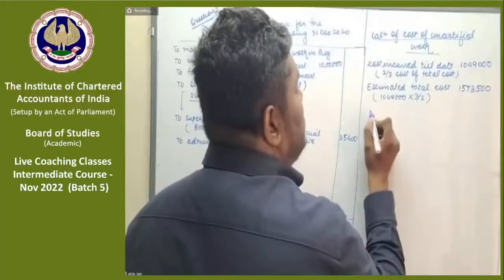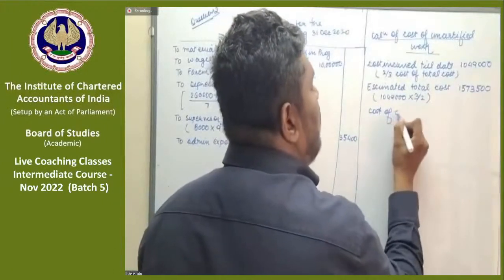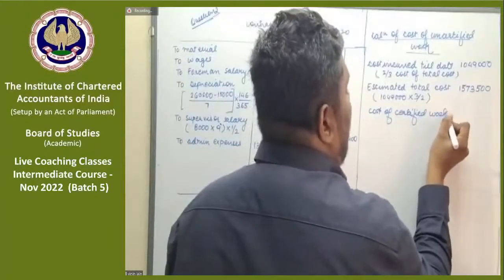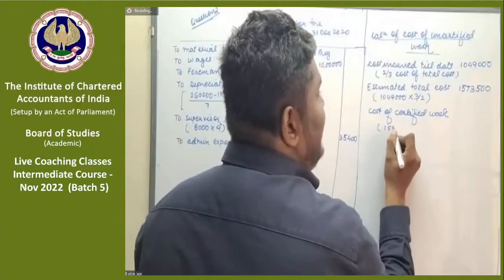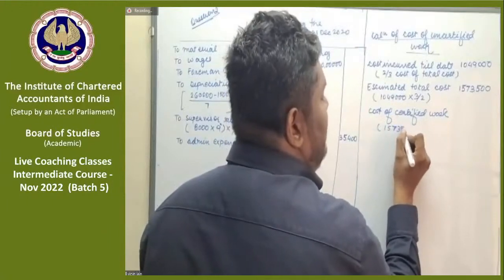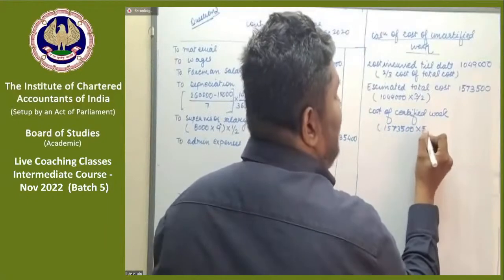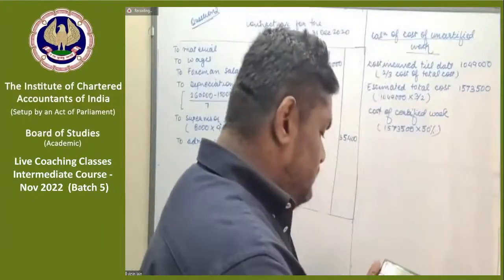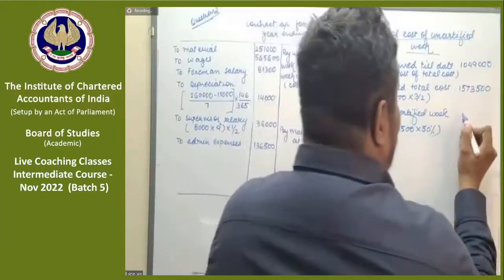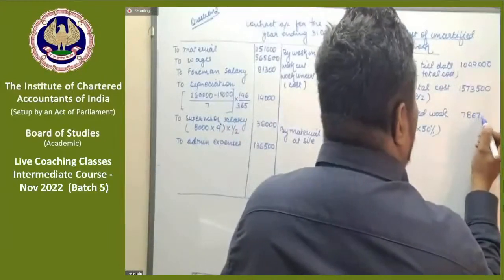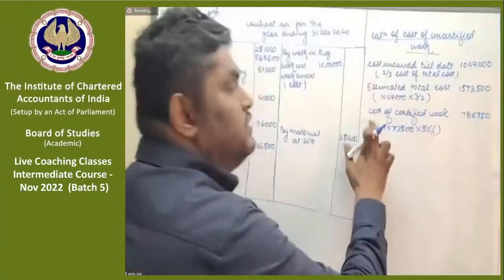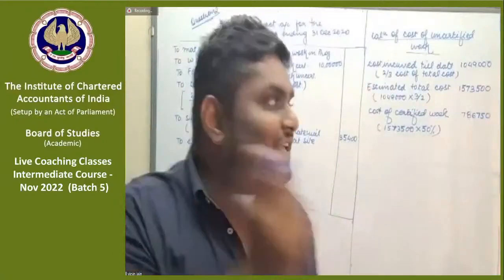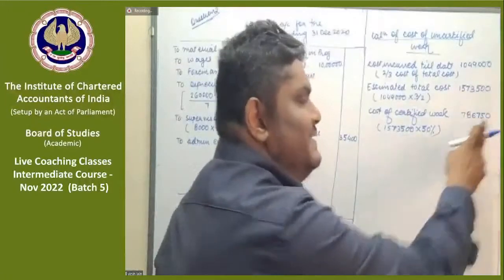So the cost of certified work: total estimated cost is 15,73,500, of this 50% is certified, that is 7,86,750.